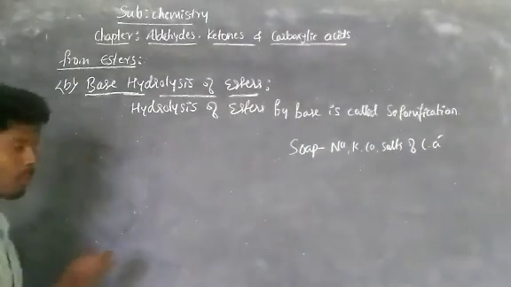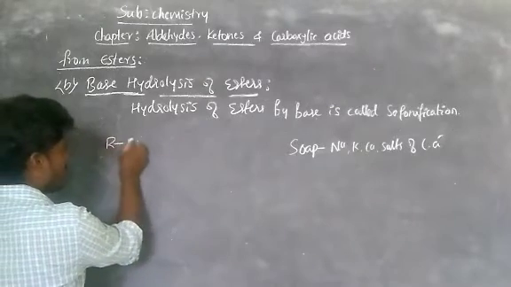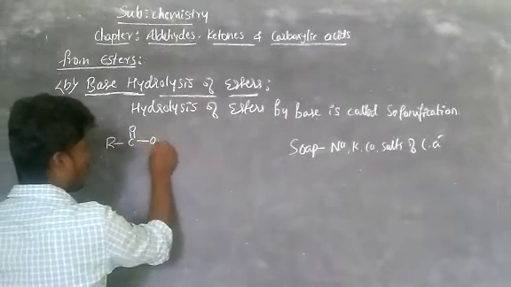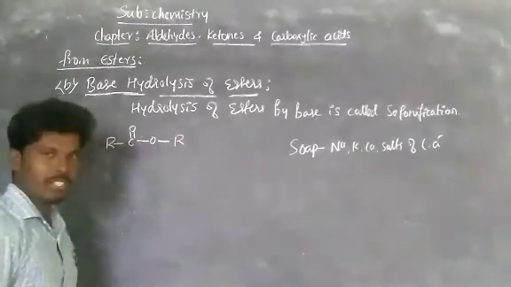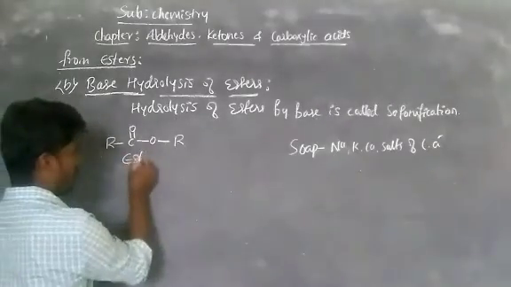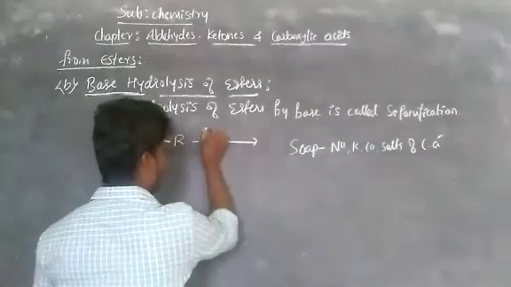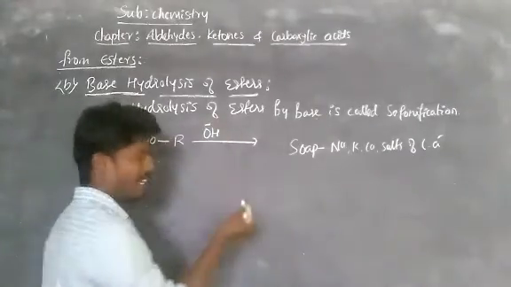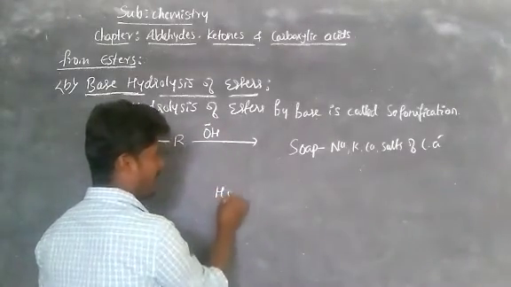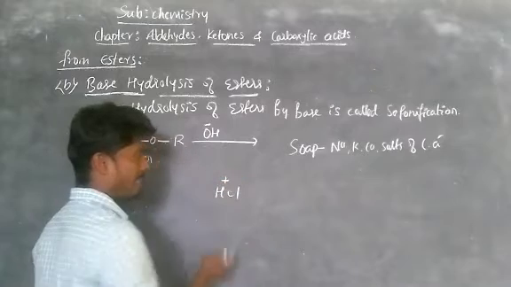Generally, we take an ester, that is R, C double bond O, O, R. This is an ester. Now, base hydrolysis. Base is nothing but OH minus. For acid, we write H plus. Either you write HCl as an acid, or you can also write H plus.